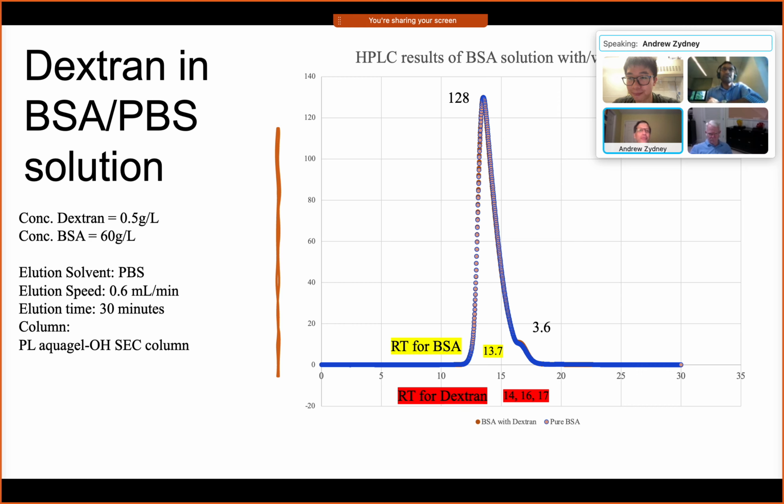I see. So hopefully, if you've flushed the filter to remove any BSA that was not strongly adherent to the membrane, you do the experiment only with dextran, because the reality is it is very difficult by size exclusion to see the dextran when you've got BSA present, unless you were to have, you know, 0.1 gram per liter of BSA and, you know, 2 or 3 grams per liter of dextran.